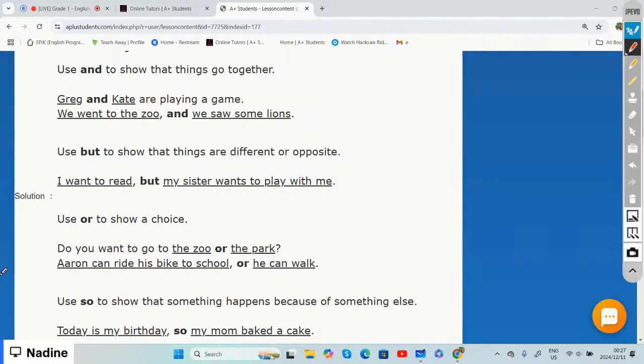And it says we use the word but, and that is to show that things are different or opposite. So something is different or opposite.